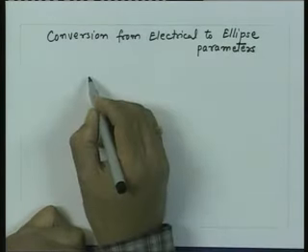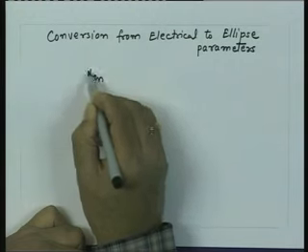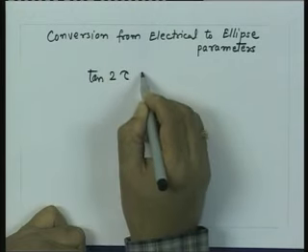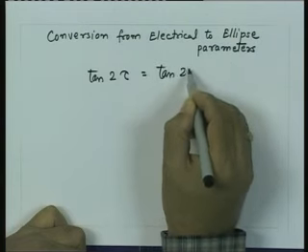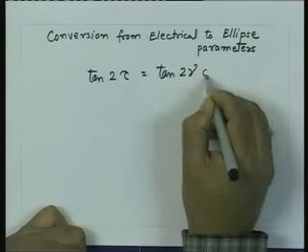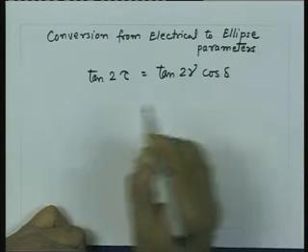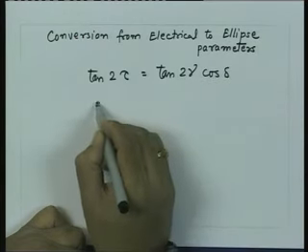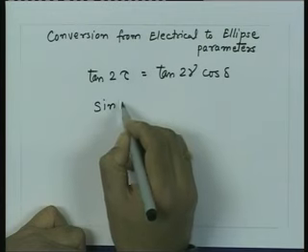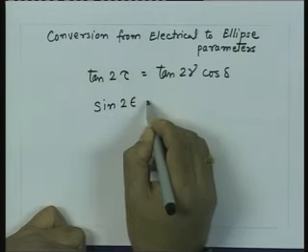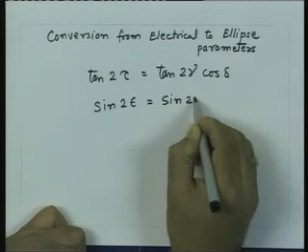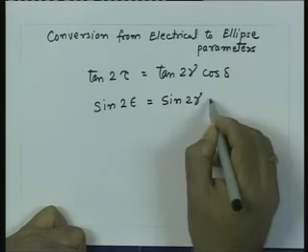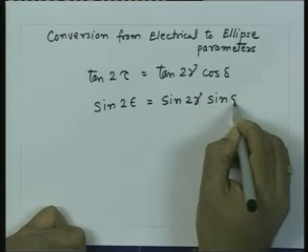These relations are: tan of 2 tau is equal to tan of 2 gamma cos of delta, and sine of 2 epsilon is equal to sine of 2 gamma sine of delta.